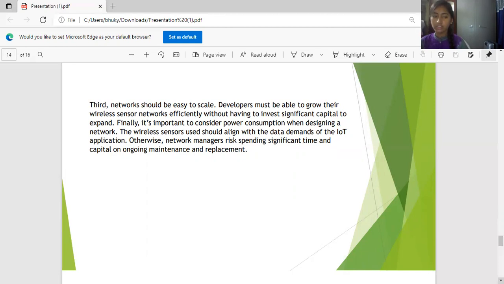The wireless sensor used should align with the data demands of the IoT applications. Otherwise, network managers risk spending significant time and capital on ongoing maintenance and replacement.